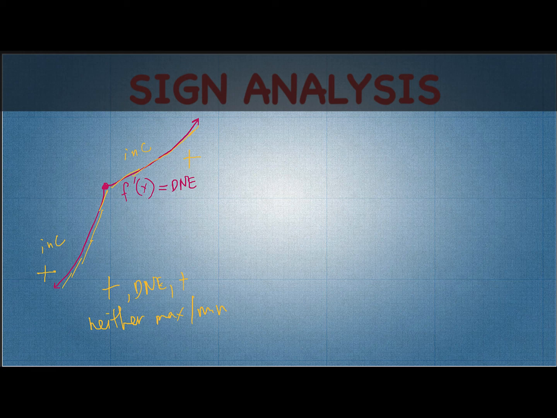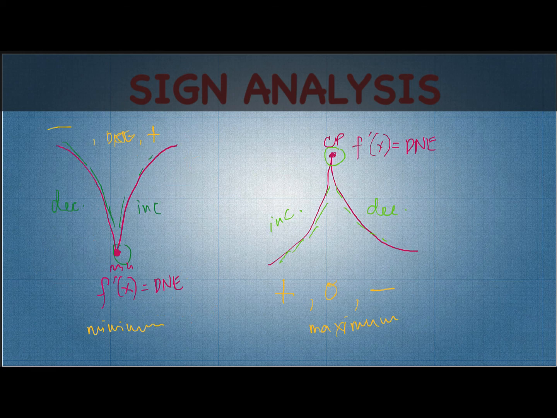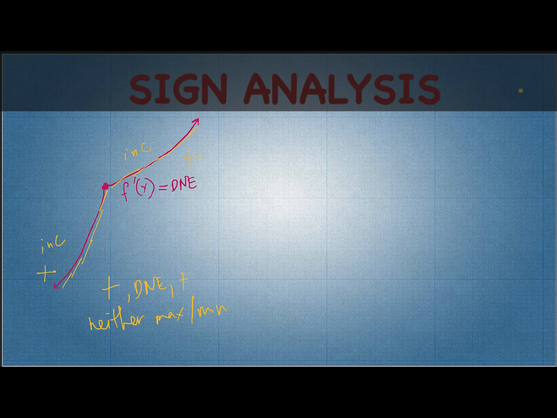Let me go back first to our previous analysis, and I realized that this one should be changed to DNE, does not exist, it's not 0. And here in our last illustration, the reverse of our function, like this one, notice that at this critical point the derivative of the function does not exist, and as before, we have decreasing behavior of the slope, so that is negative.